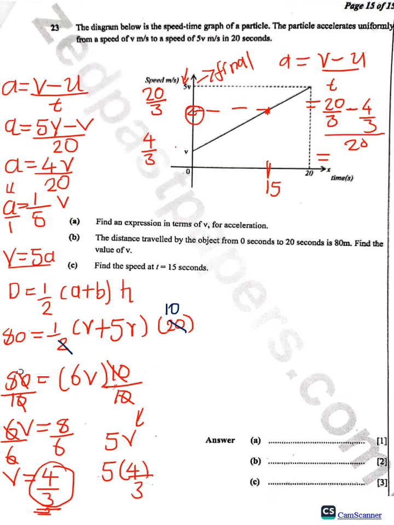So no need of finding the common denominator, we already have this. So 20 minus 4 is 16 over 3, then divided by 20. So 16 over 3.